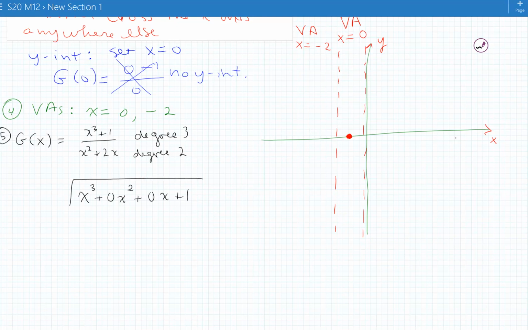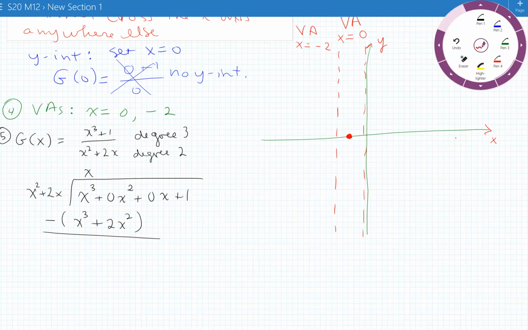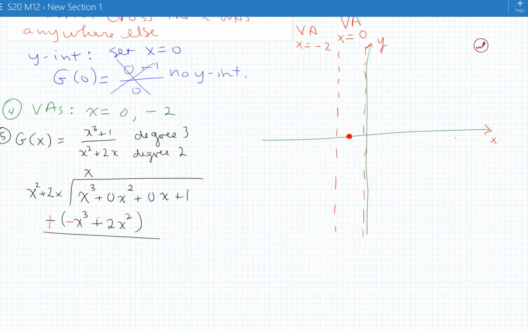So we're going to have x cubed plus no x squareds and no x's plus 1 divided by x squared plus 2x. So we're going to have an x up here and an x cubed and a 2x squared. And we're going to subtract that. So subtraction of polynomials says add the opposite.